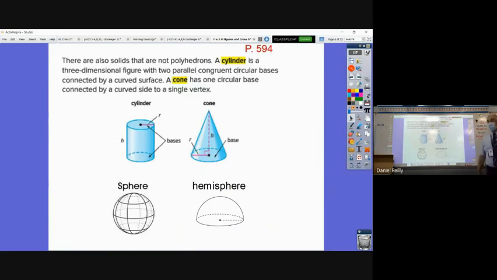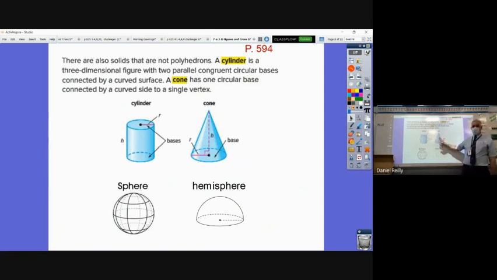All right. There are also three-dimensional shapes that are not polyhedra. They're not made up of polygons. They're circular. A cylinder is like a prism, but the bases are circles. So the sides aren't rectangles. It's just like one big side. A cone is like a pyramid, but its base is a circle instead of a polygon.